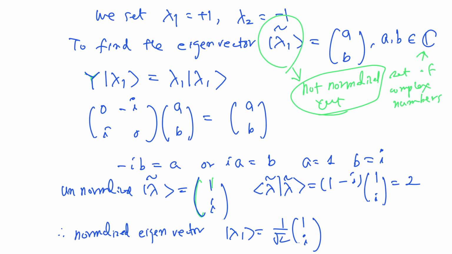When lambda 2 is minus 1, let's try to find the eigenvector.